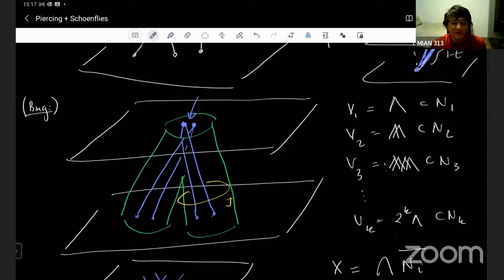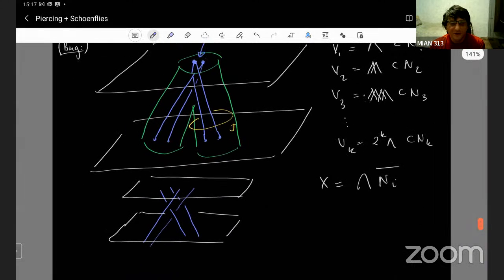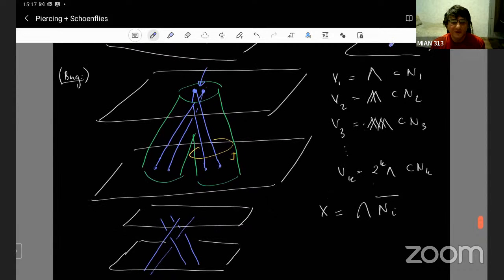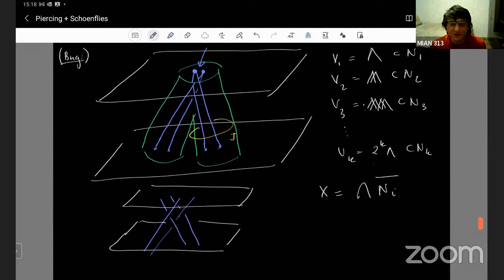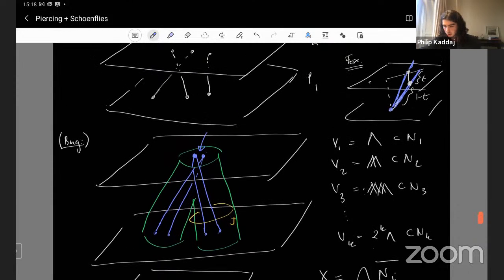But okay, so what happens in the limit according to Fox? I mean, what was his claim? Well, so I did not read Fox's original paper on this, so I don't know what Fox's original claim was.